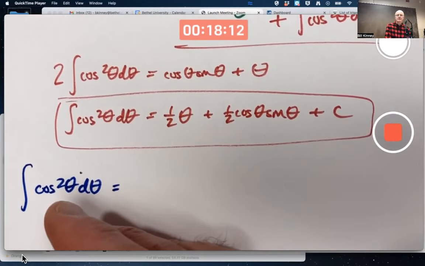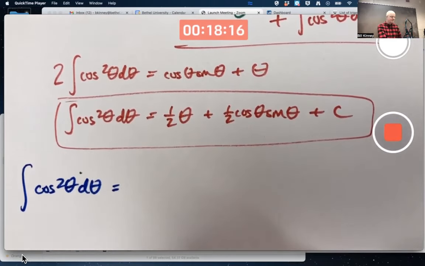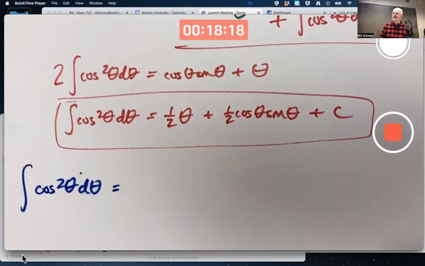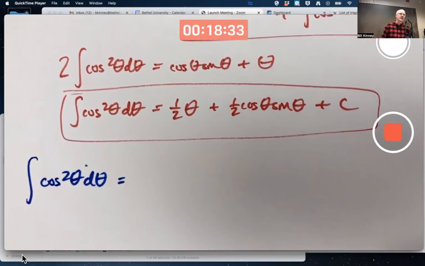That wouldn't seem very useful, except to get the theta out. And then replace the sine squared theta with 1 minus cos squared theta, and then solve for the integral of cos squared theta. Doing that actually doesn't work, because what you end up with is an equation like 0 equals 0 or something like that, or a constant equals a constant.